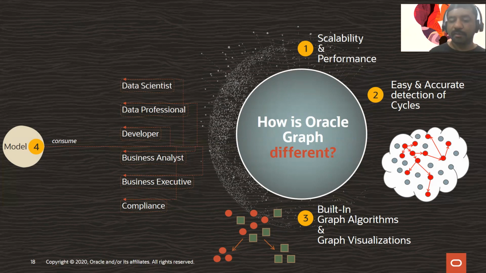We also have the built-in graph algorithms and the graph visualizations, and altogether with the combination of all this, it can be consumed or leveraged by people of different skill sets. Let's say data scientists or the data professionals, the developer, the business analyst, the business executive, the compliance from a compliance perspective as well. These models can be consumed by different people from different platforms.